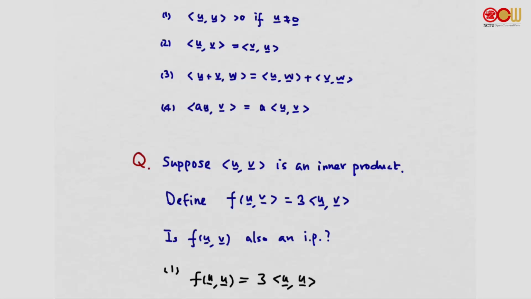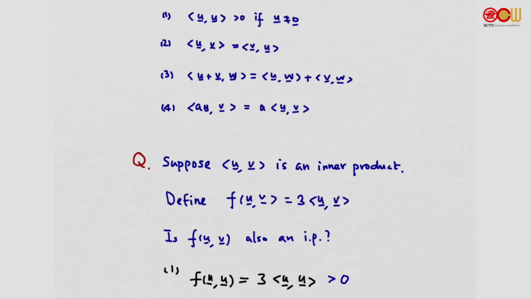So first of all, we look at f(u, u). Would it always be greater than 0? f(u, u) is 3 times the inner product of u and u, and because the given inner product satisfies this property, we know for sure this is greater than 0.